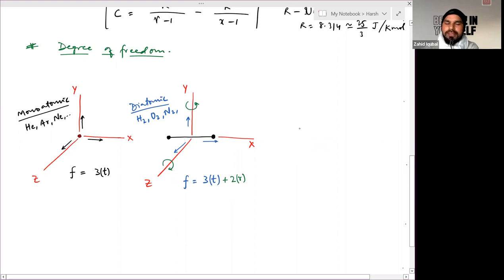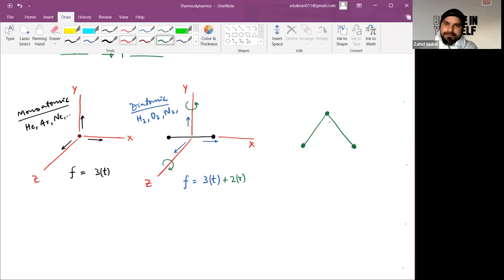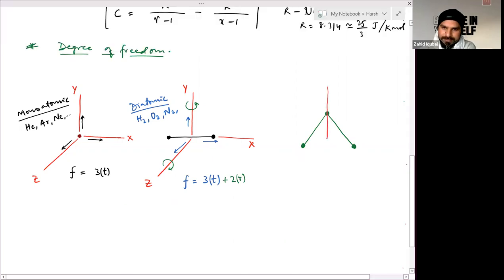Suppose you have to calculate for a triatomic with a bent shape, just like water. The shape of water will be like this due to the lone pair present on oxygen. Now, let's say this is one of the axes, this is another one, this is another one: the x-axis, y-axis, and z-axis.